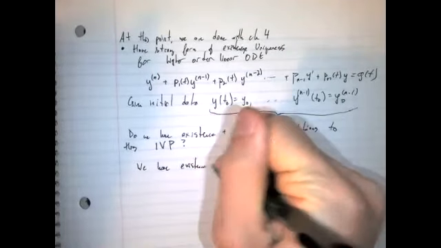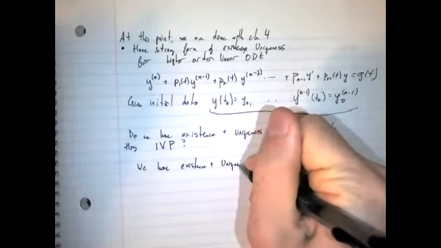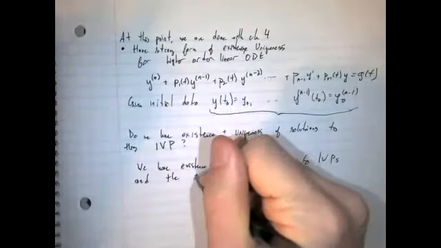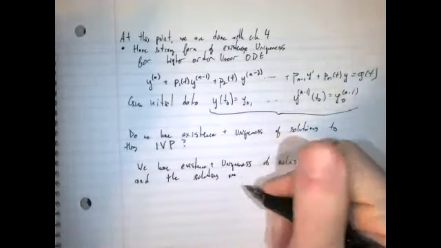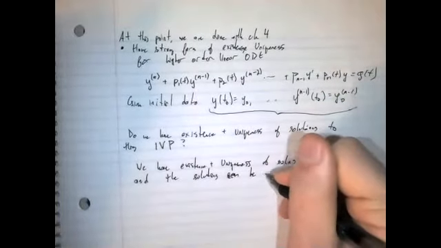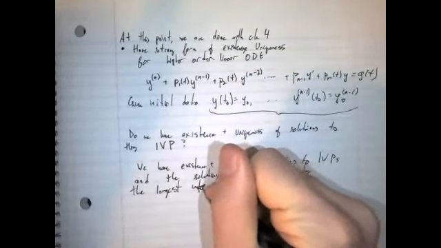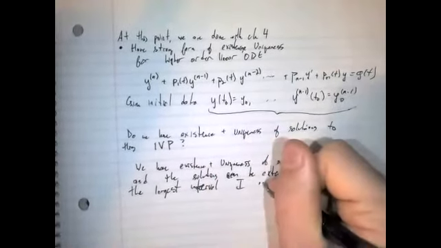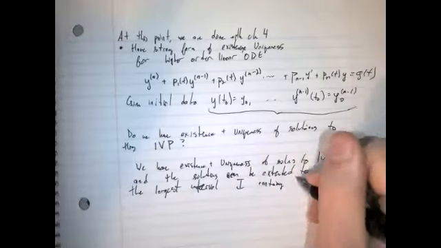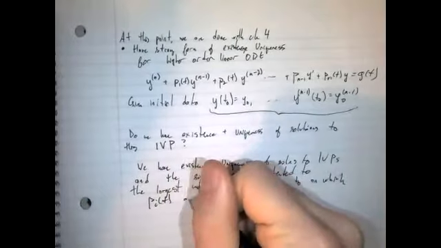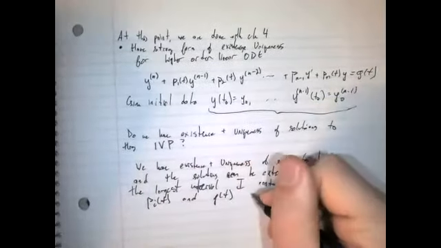We have existence and uniqueness of solutions to IVPs, and the solutions are or can be extended to the largest interval I containing t0 on which all these functions p i of t and g of t are continuous.